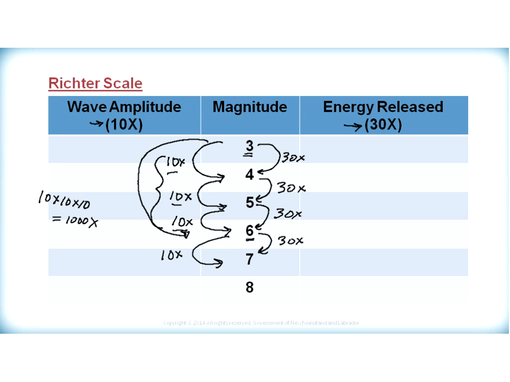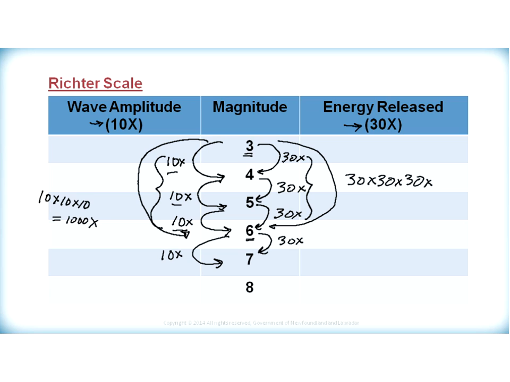So again, if we compare an earthquake measuring 3 to one measuring 6 on the Richter scale, we would notice that we'd have 3 increments of 30. So an earthquake measuring 6 compared to one measuring 3 would be 30 times, 30 times, 30 times stronger.